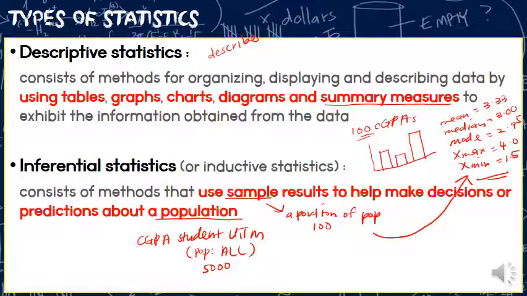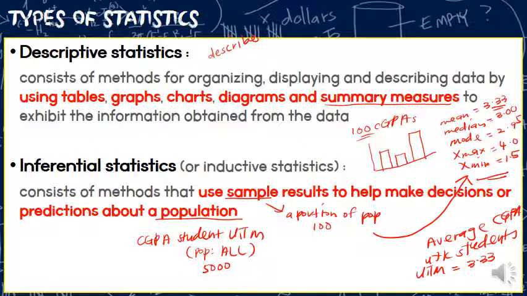Saya kata average CGPA untuk student UITM as a whole adalah 3.33. Kalau you tengok dekat sini, 3.33 ini saya kira min untuk 100 orang student.